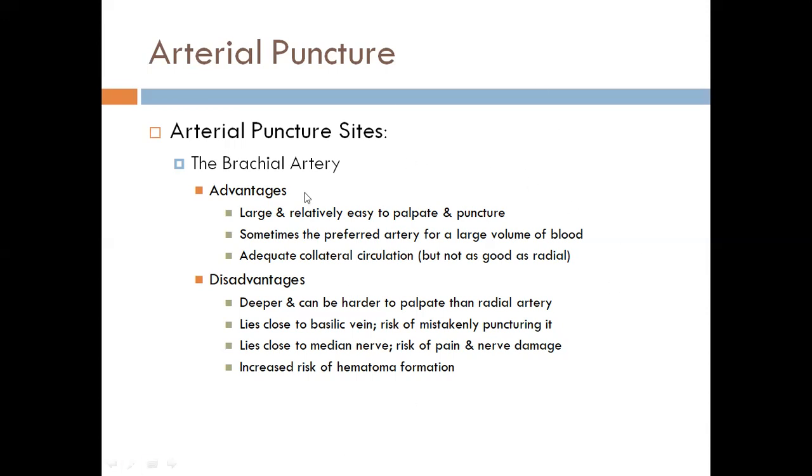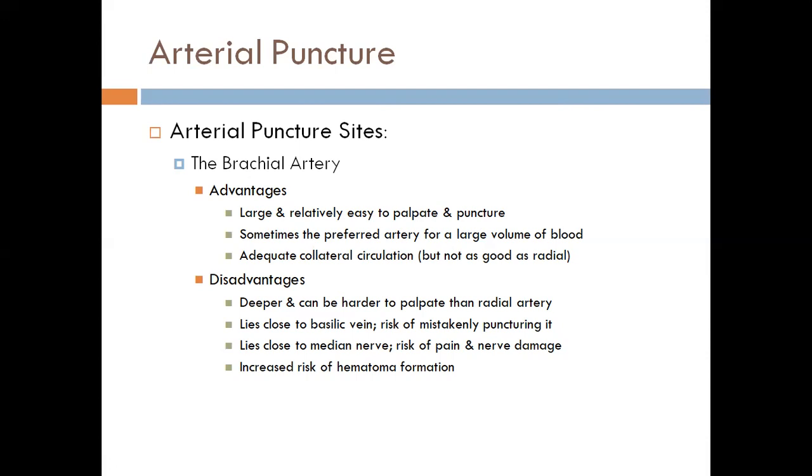So the advantage of choosing this side over the other is that this is large and relatively easy to palpate and puncture. So based on experience, it's really easy to palpate for the brachial artery and to perform arterial puncture using the brachial artery rather than the radial.